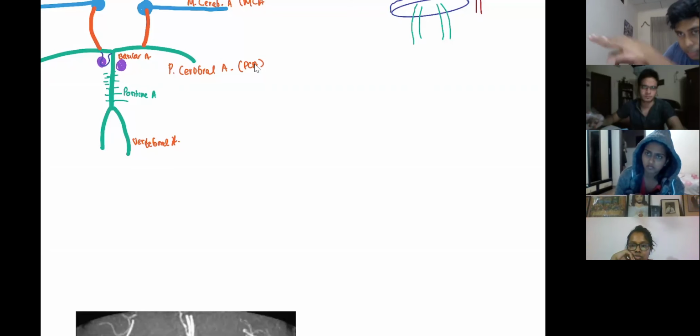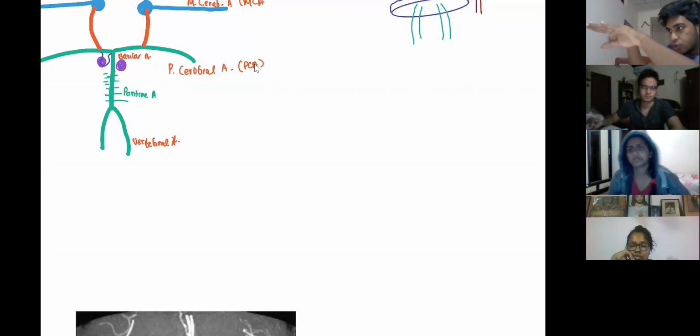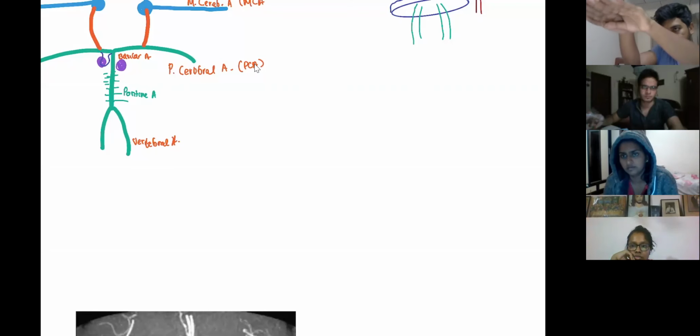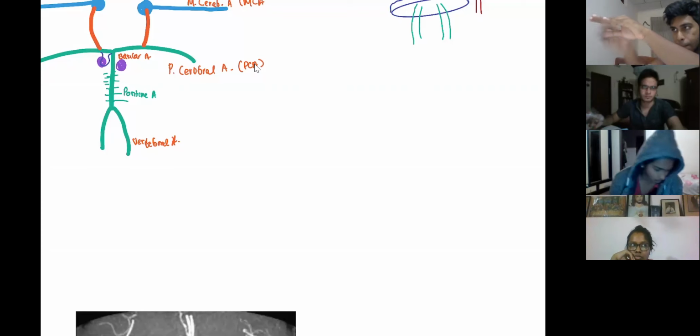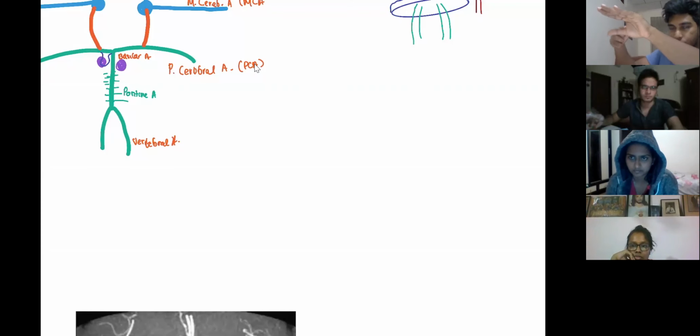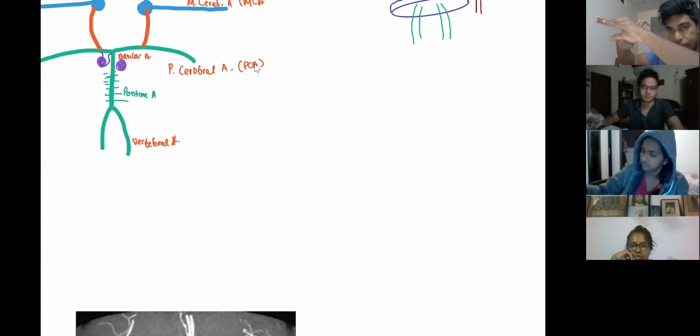Okay, let me talk about the middle cerebral artery. So think of it as this area, which, okay, look at my hand. Over here is where you have the circle of Willis. From here, you have the middle cerebral arteries which go this way.